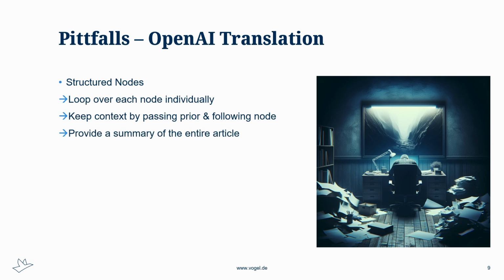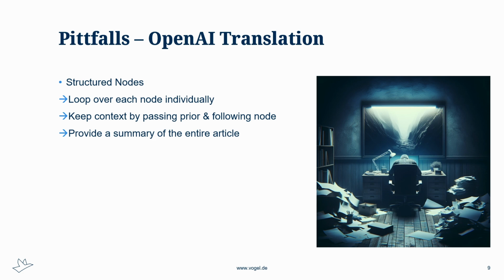So what we do is we loop over each node, and then we had a problem that we lost the context. So for example, if a sub-headline picks up some words of the paragraph, we want it to be translated in exactly the same manner, because it's basically just a sort of ordering and the style of the editor, and we wanted to keep that.